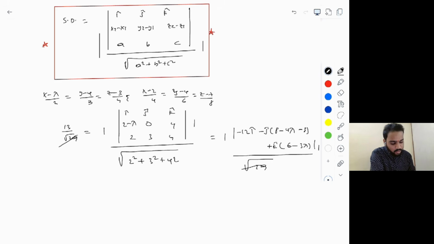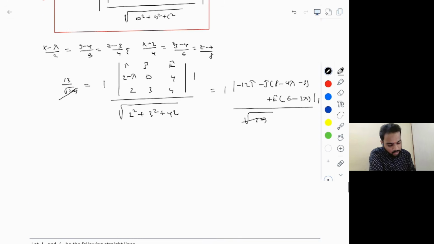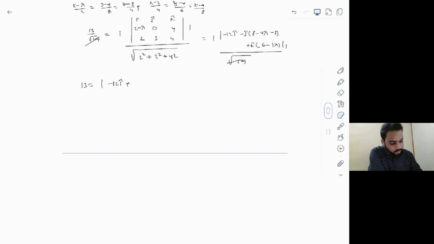So very clearly root 29 gets cancelled here. And finally what we have is 13 is equal to the modulus of minus 12 i cap, plus 4 lambda j cap, plus (6 minus 3 lambda) k cap.